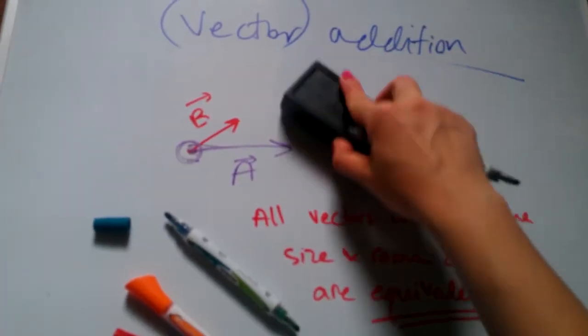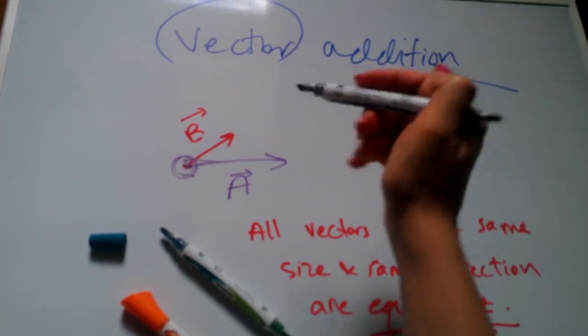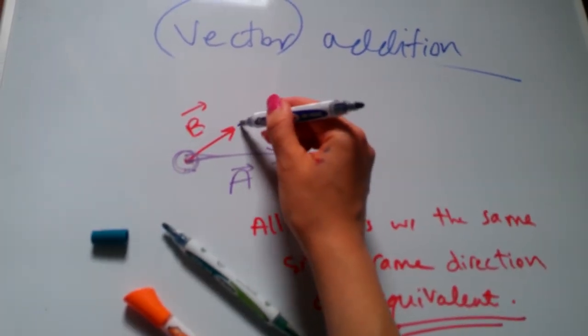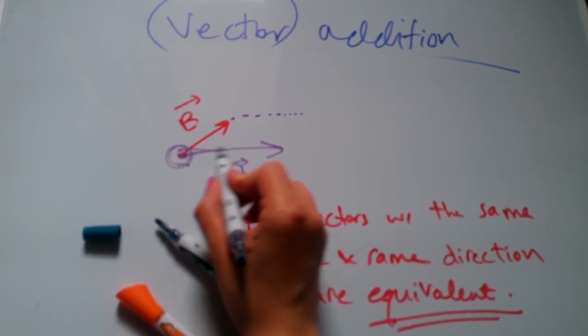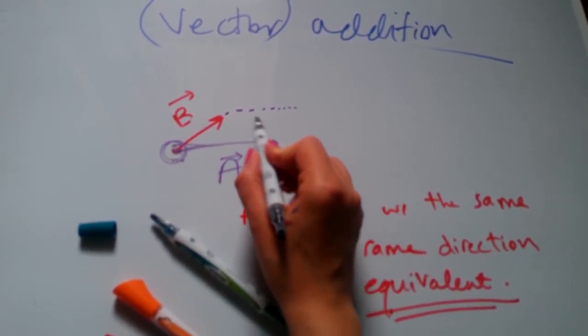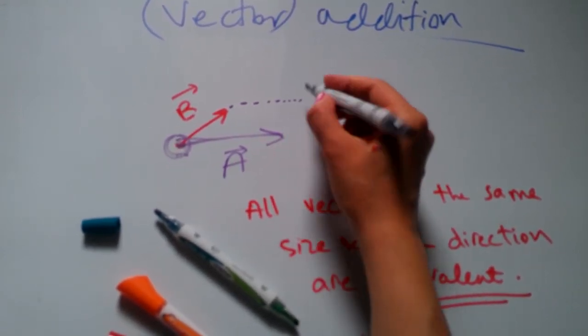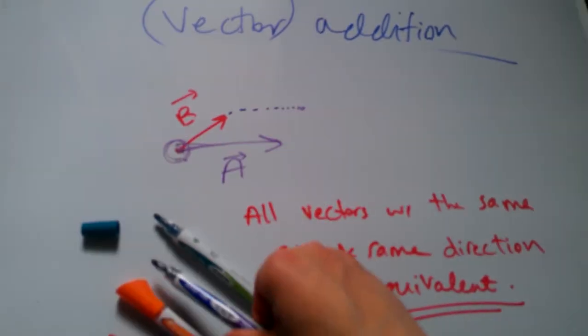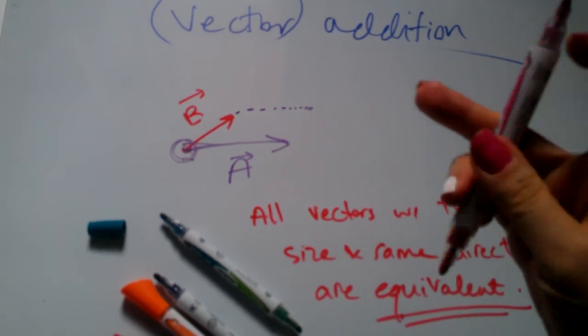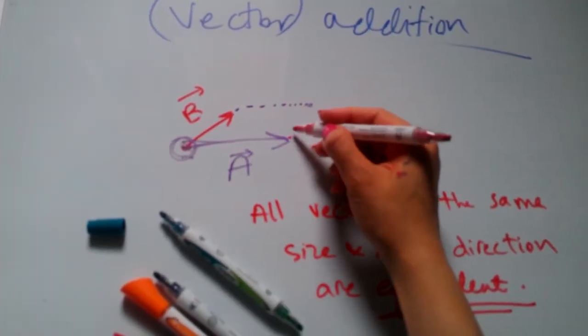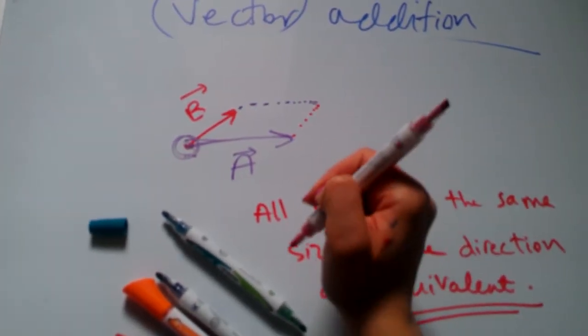So let me just erase this. And this is how you do it. You draw a parallel line to one of them with the same size. You stop there. Then you draw another line parallel to the other one, and you stop there.